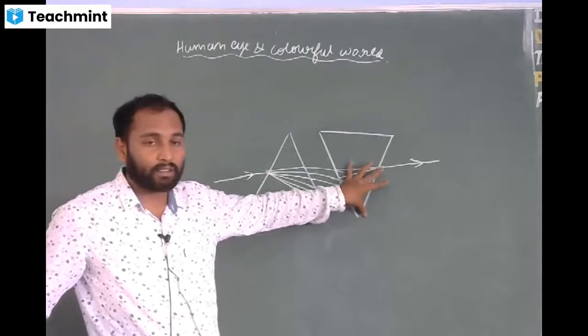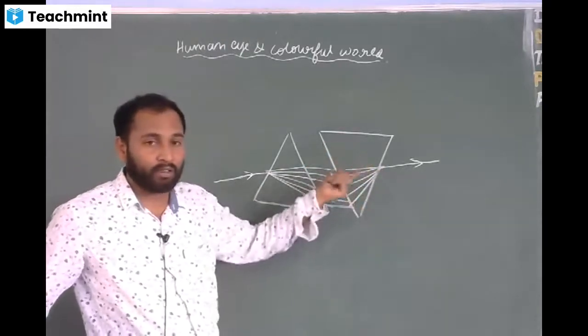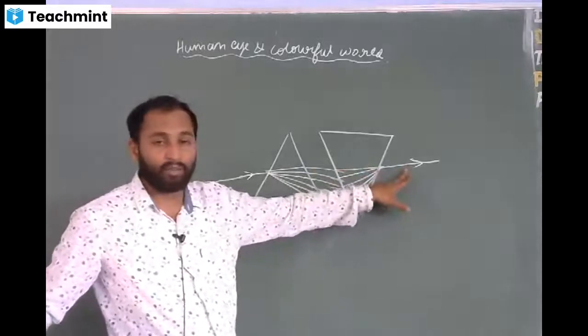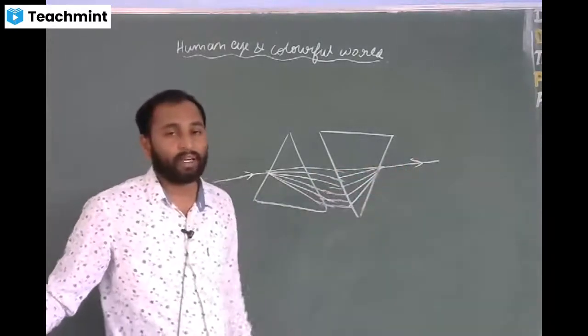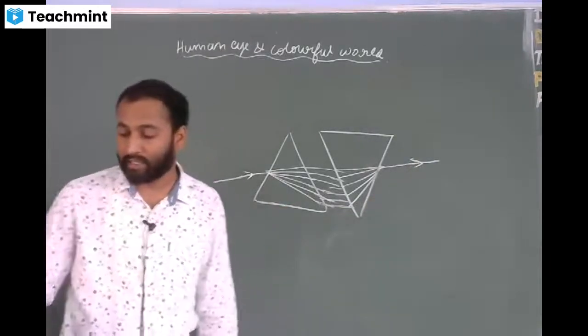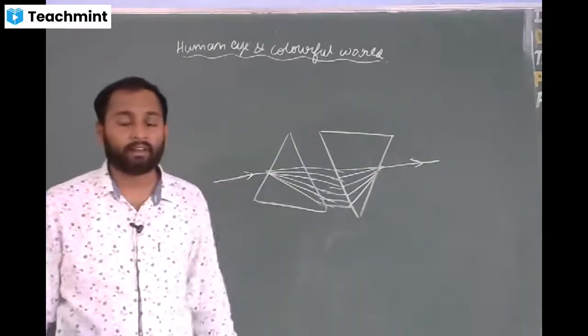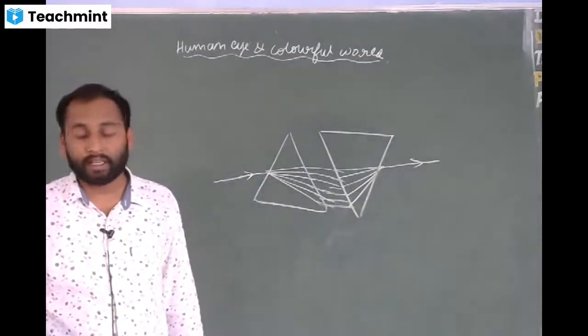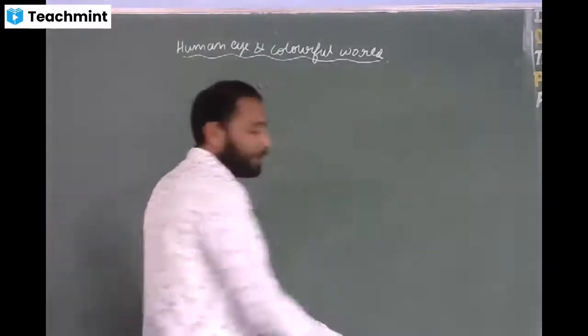So he placed one more identical prism in an inverted position, and observed a beam of white light coming out of the second prism. After this he concluded that white light consists of 7 colors, and that any light that splits into 7 colors is white in color.